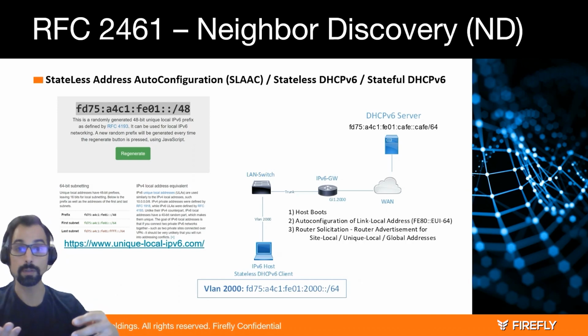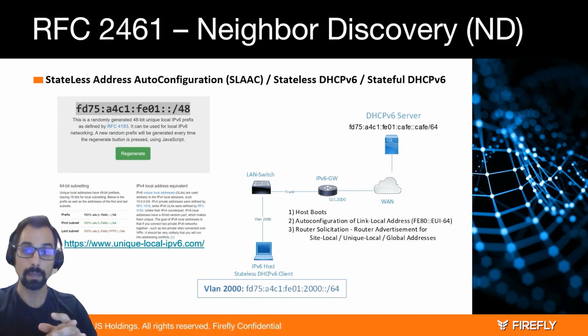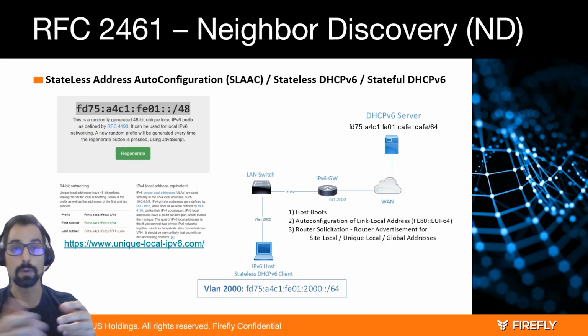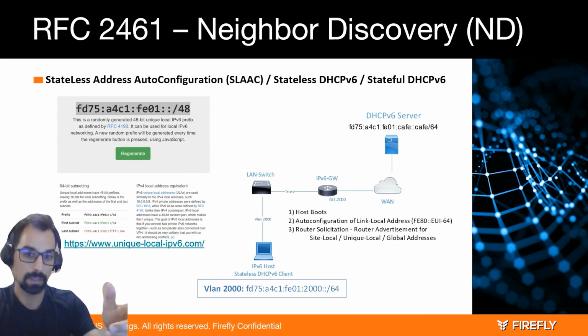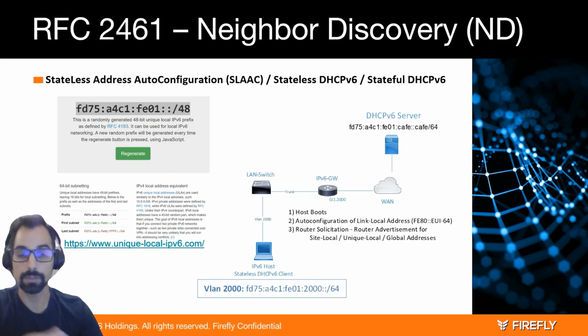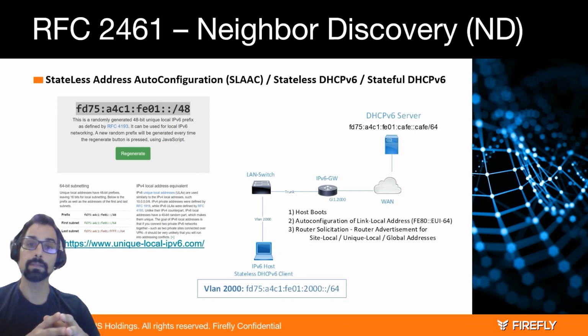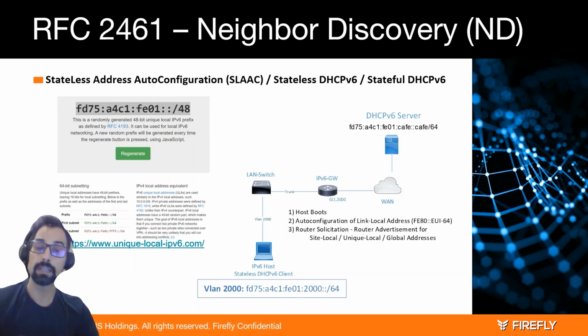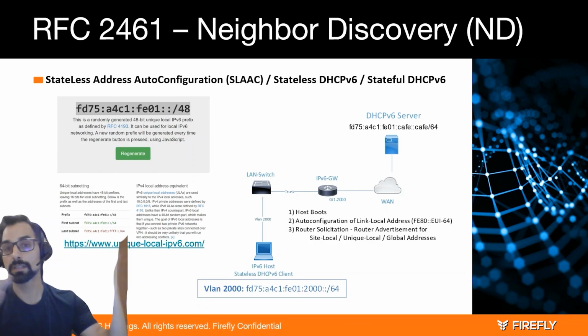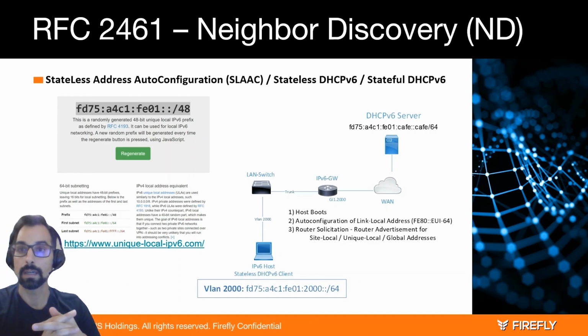Remember that we also have the link local address that's also automatic, just using the link local prefix and the MAC address using EUI-64. You can see how that is built also in the RFC. And then we can have the stateful DHCP version 6, which is very similar to our old IPv4 DHCP service.